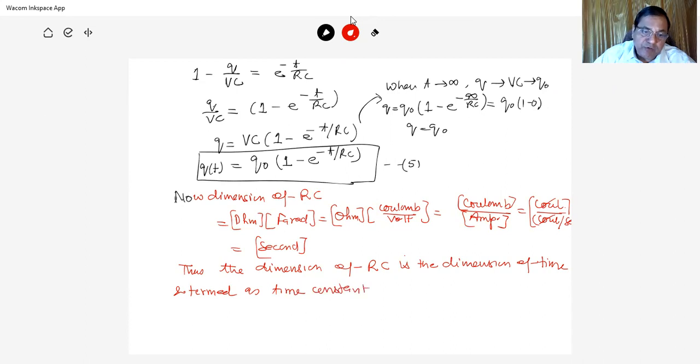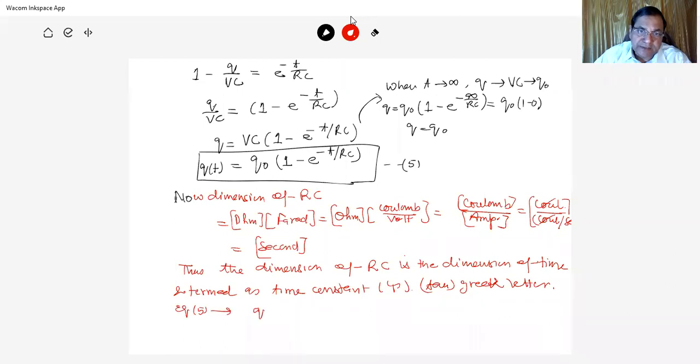Termed as time constant and denoted by the Greek letter tau. Tau is a Greek letter.